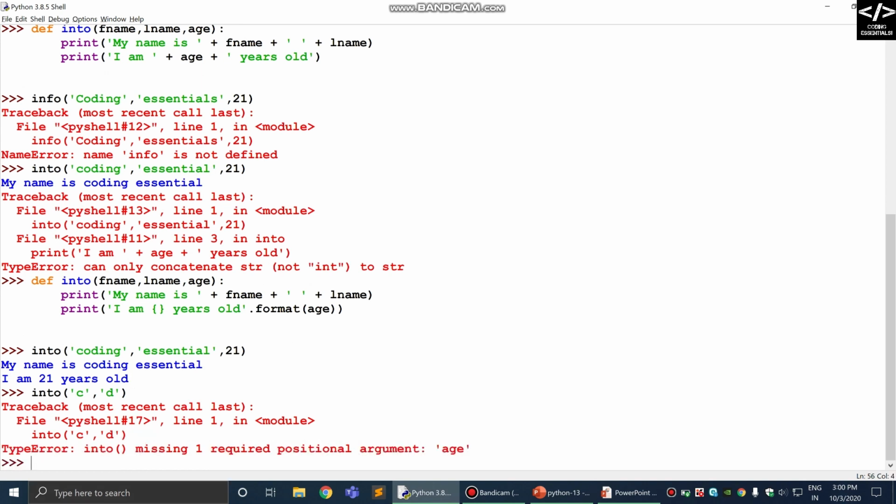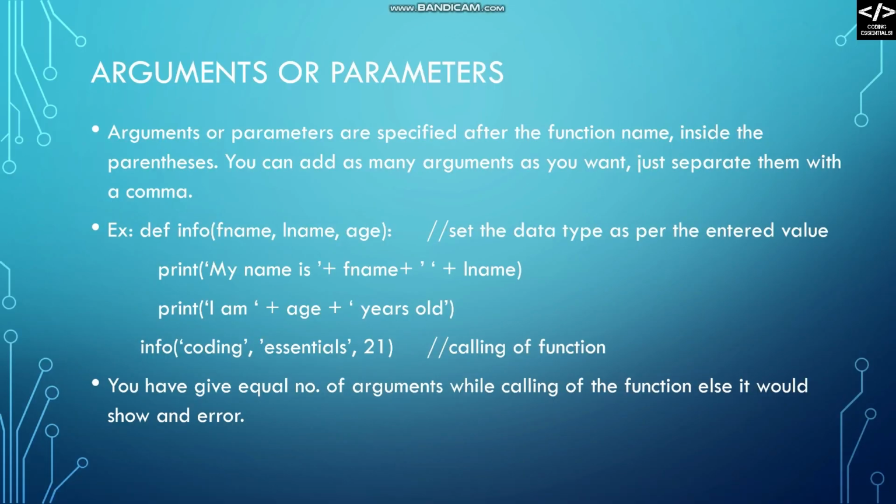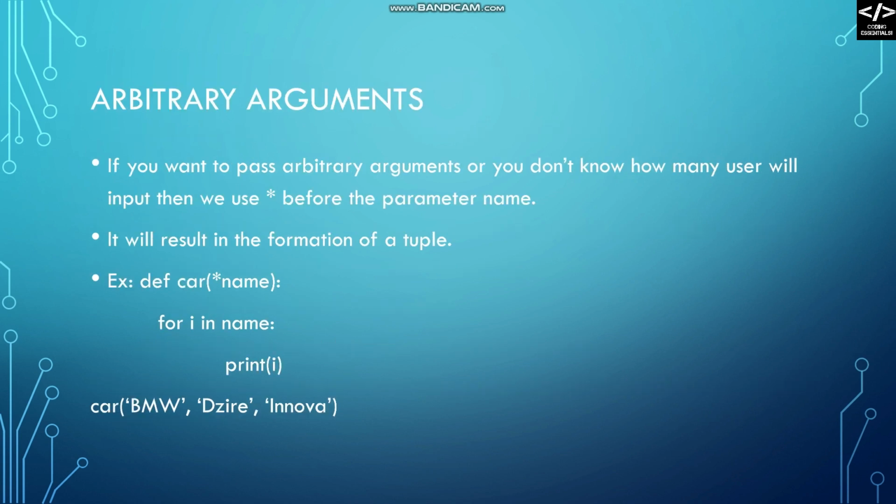So we need to give exactly the equal number of arguments as we have declared inside the function. So remember this. You have to give an equal number of arguments while calling the function, else it would show an error.